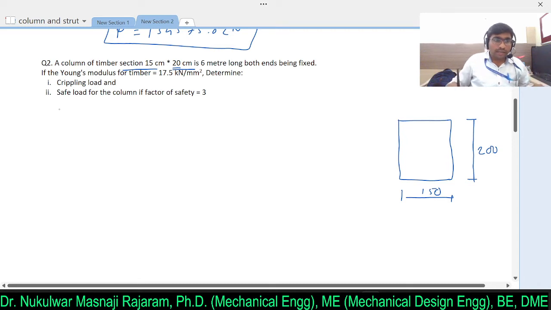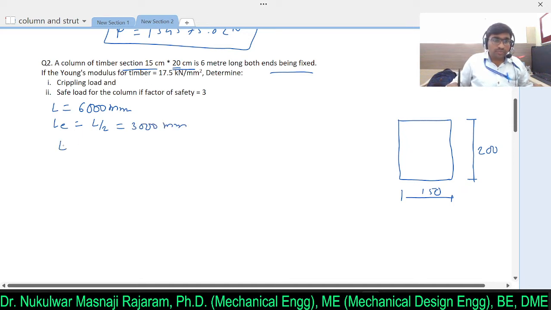Clear? And the length is given, it is 6 meter, so 6000 mm. Both the ends are fixed. Clear? So effective length will be L by 2, that is 3000 mm.